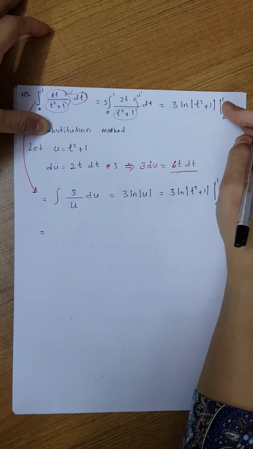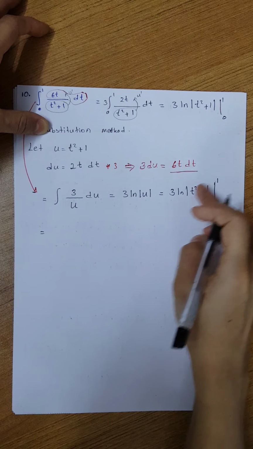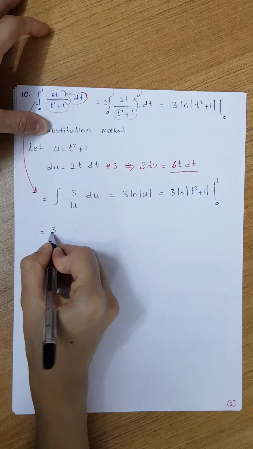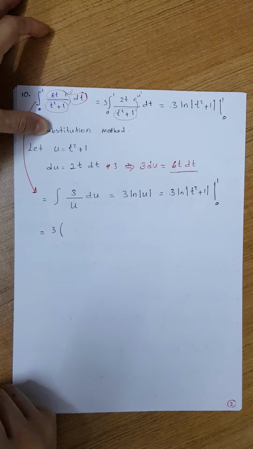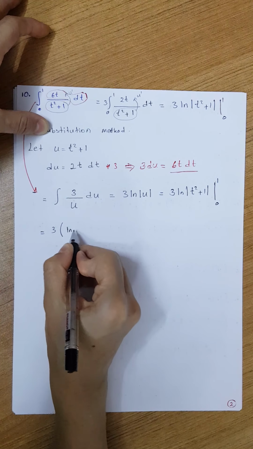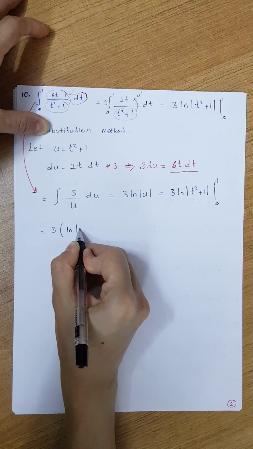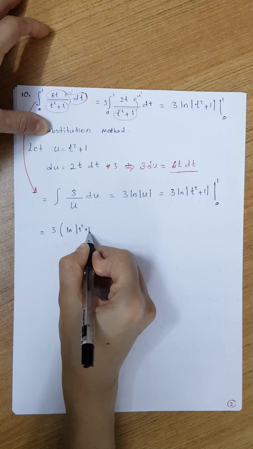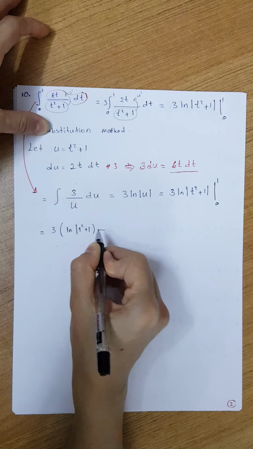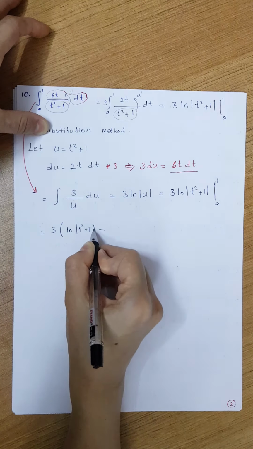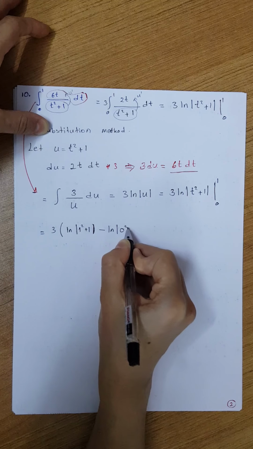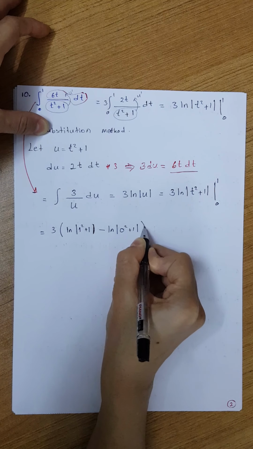Okay, and now from this step, what shall we do? We have to input those numbers into there. So I have got 3 outside, ln of absolute value of 1 squared plus 1, minus, sorry, here is an absolute value, ln of 0 squared plus 1.